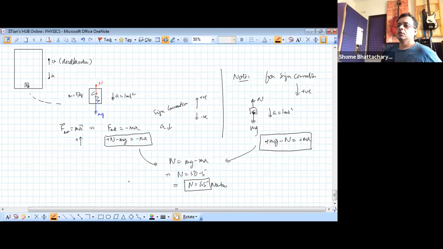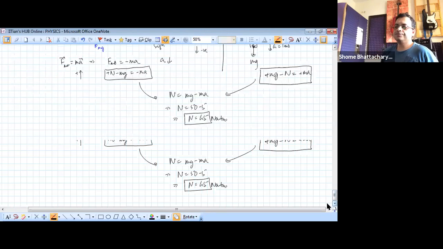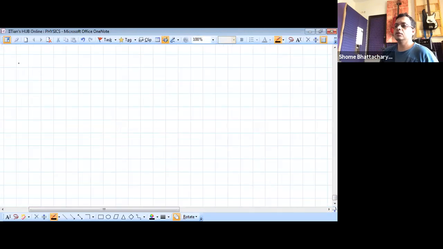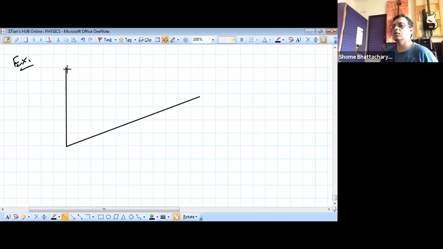Okay. Now let's see another more interesting example of normal reaction. In my next example, I have an inclined plane and a vertical wall, like this.